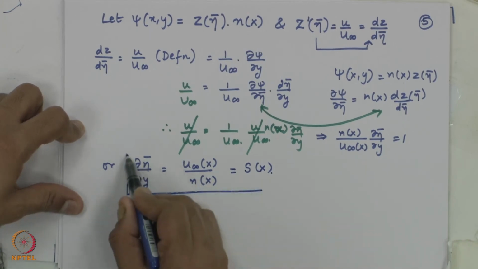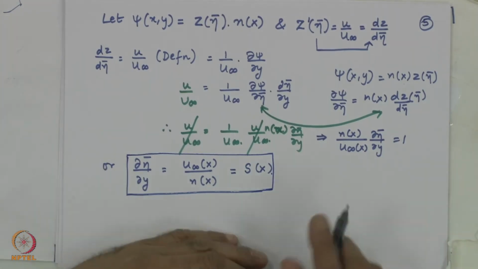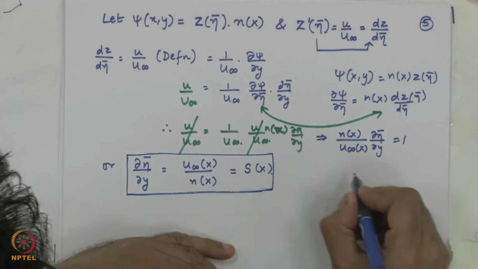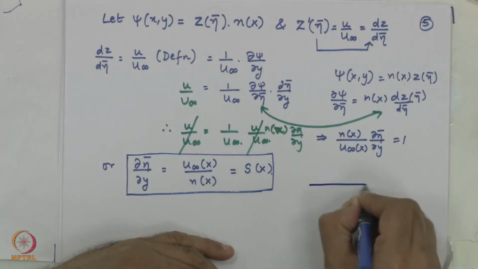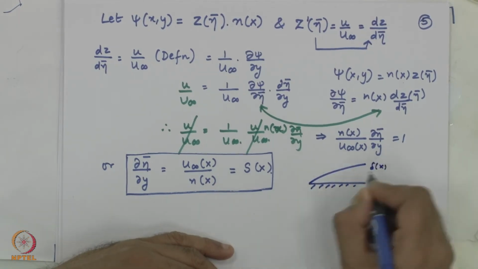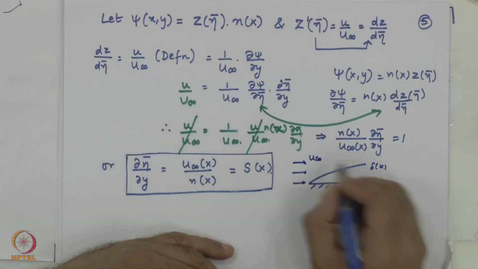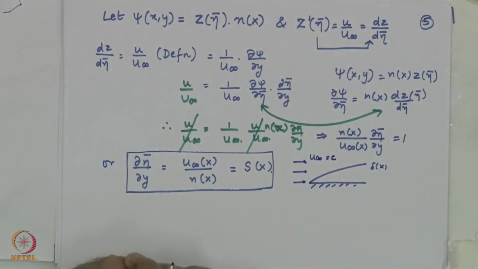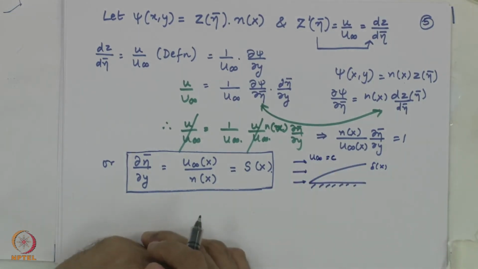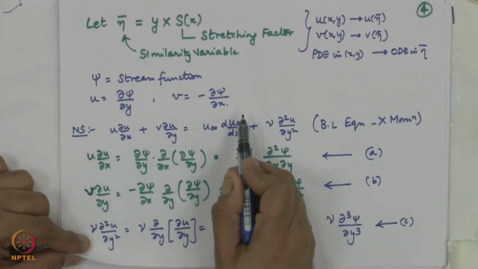Now, you might ask me, what is u infinity of x? So, u infinity of x, typically for flow over a flat plate, free stream velocity is constant, in which case your term here would go to 0.